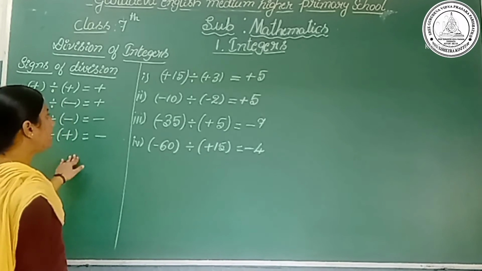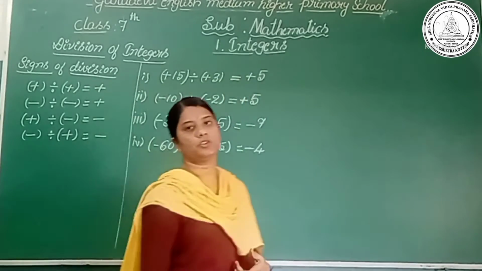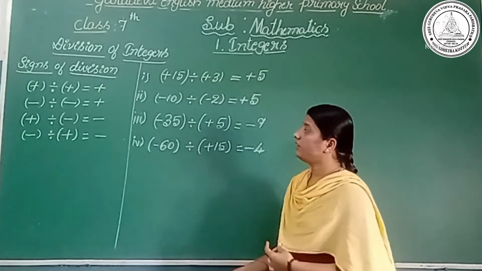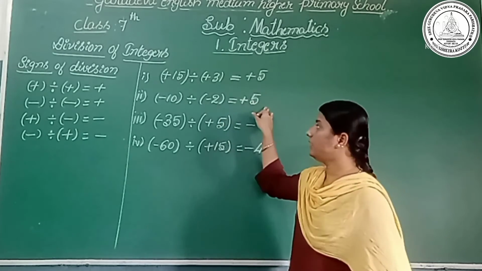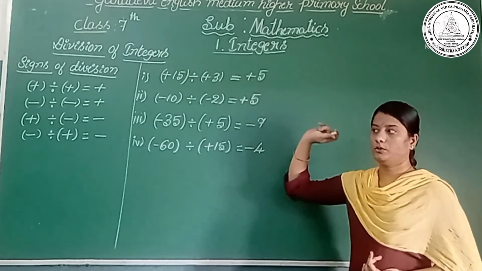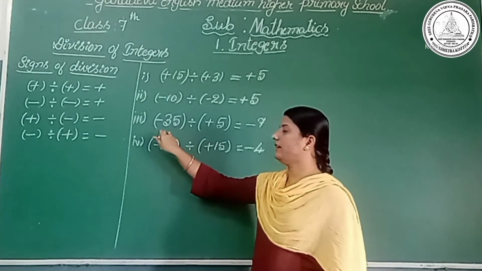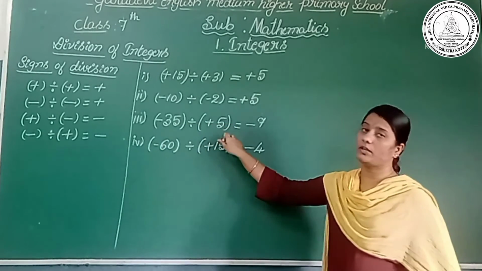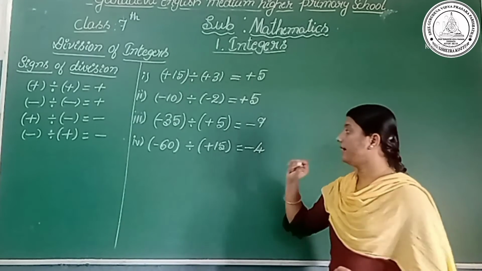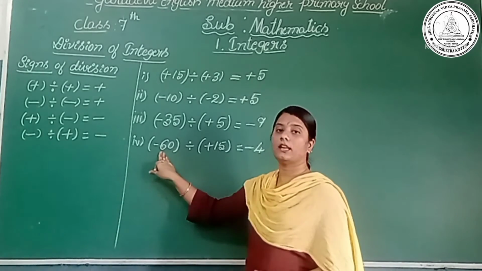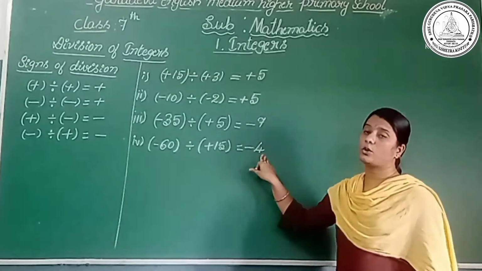So if we divide a positive integer by a positive integer, we will get a positive quotient. If we divide a negative integer by a negative integer, we will get a positive quotient. Then if we divide a negative integer by a positive integer, we will get a negative quotient, and the last one, a positive by a negative, also gives a negative integer.